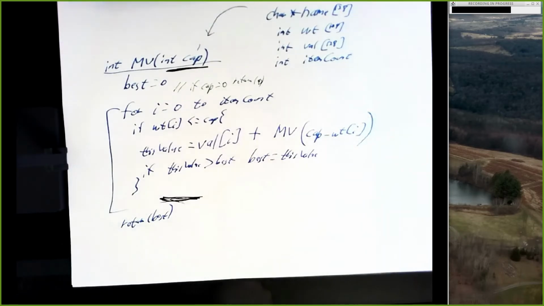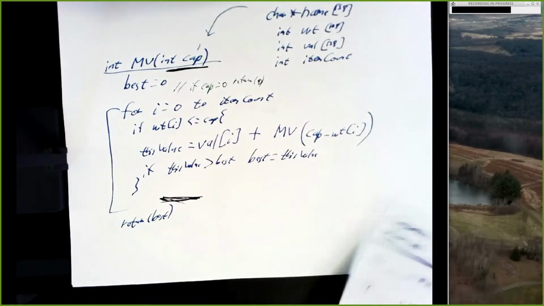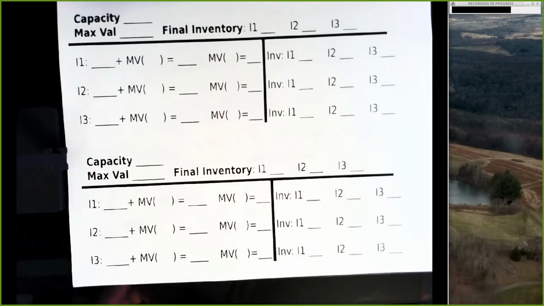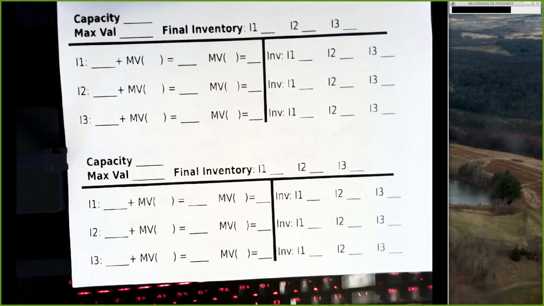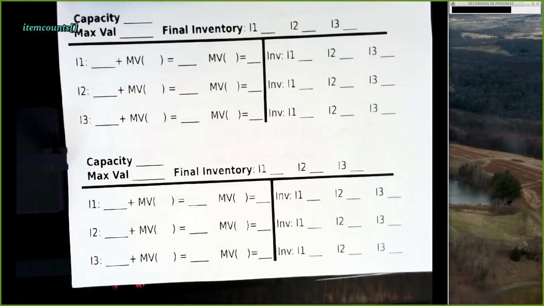So that gets you most of the way there. What's missing at that point is the inventory, the item count. So here's where our worksheet comes back.